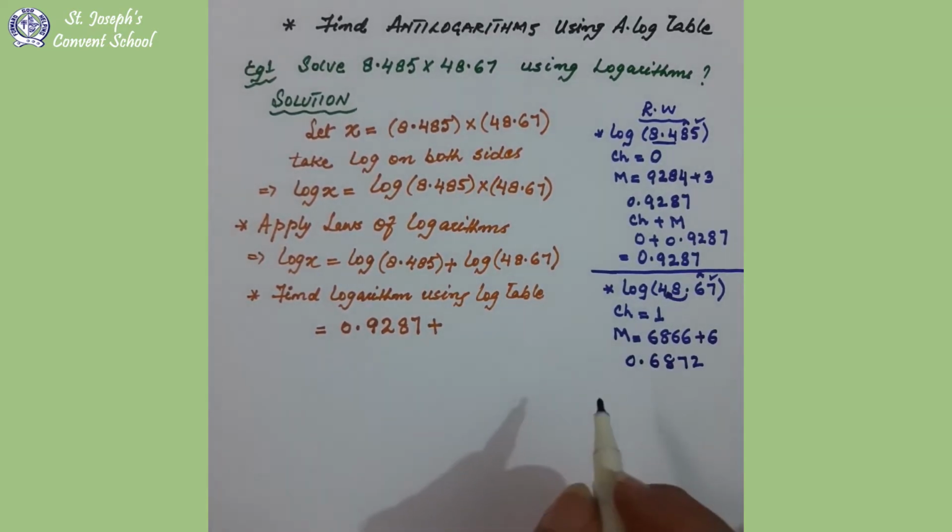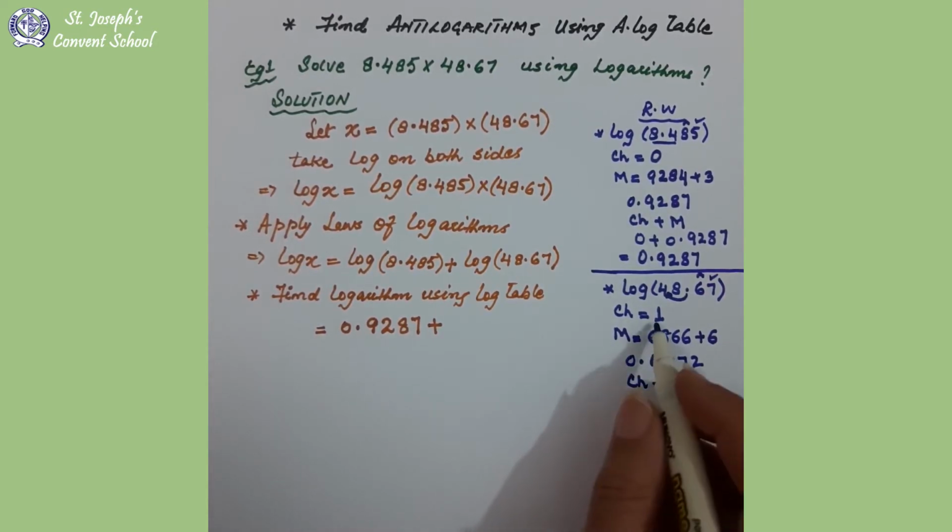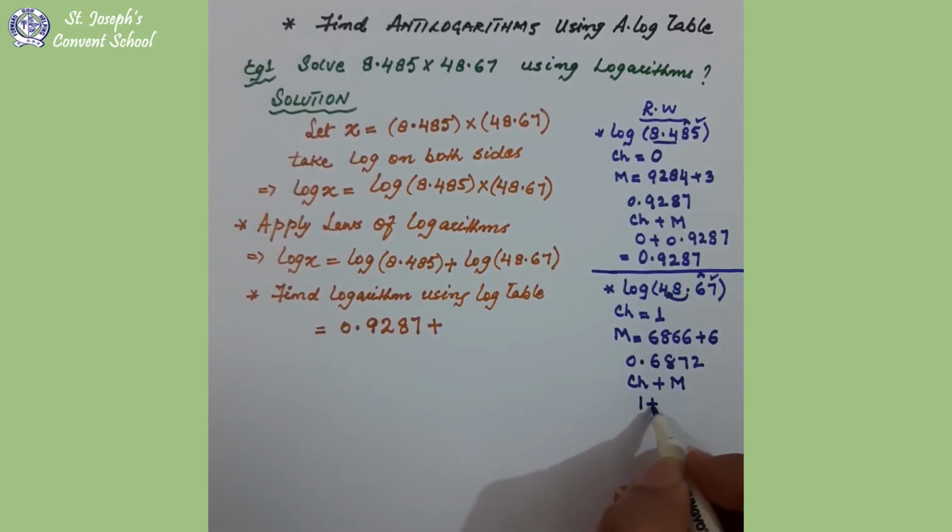Now log of any number is equals to the characteristic plus mantissa. So characteristic is 1 plus mantissa is this value 0.6872. So after adding, 1.6872.